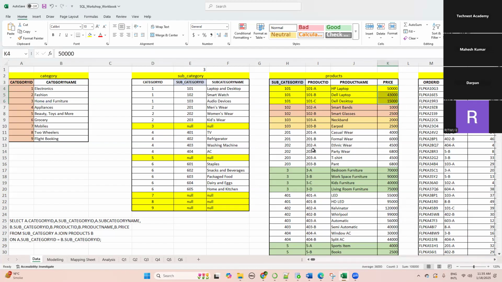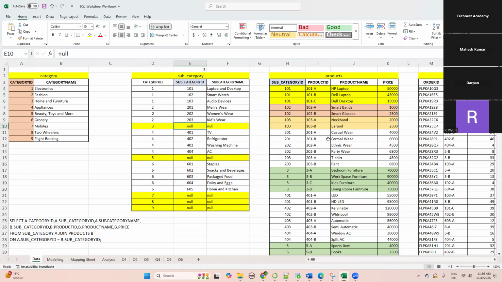So the important point here is this one. This is the point where you have to be careful, and this happens in projects as well. You see, for category ID 3, we don't have a subcategory ID, it is null. But it is the requirement of the client.